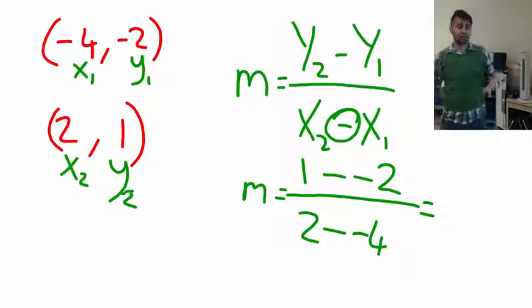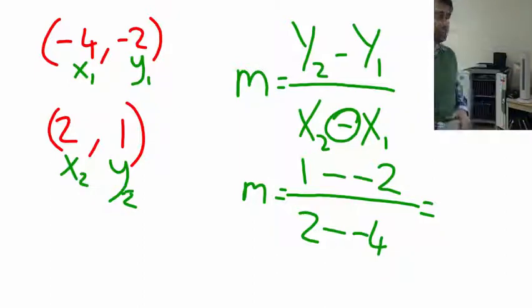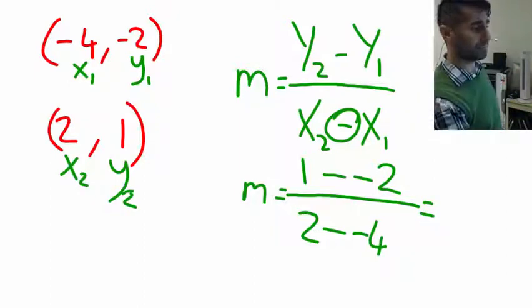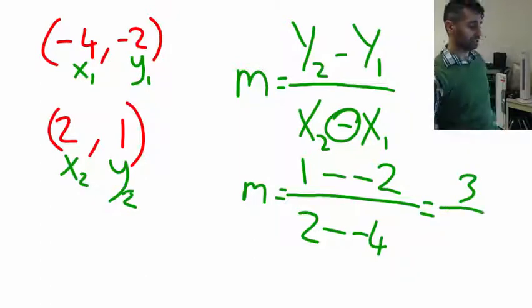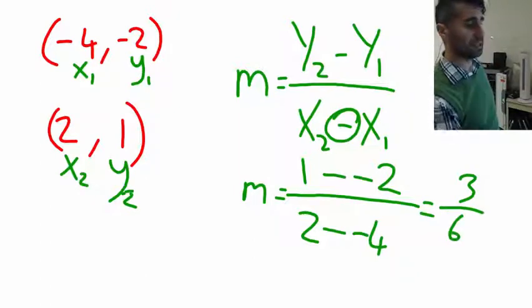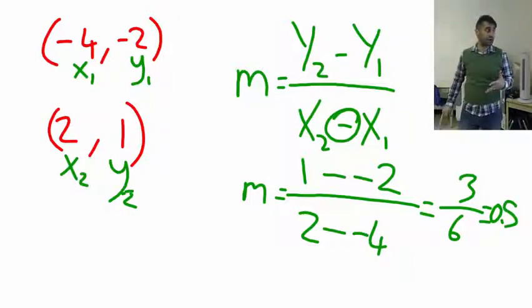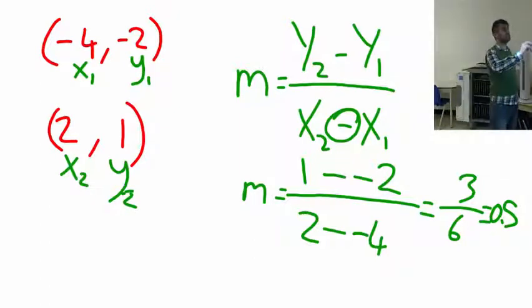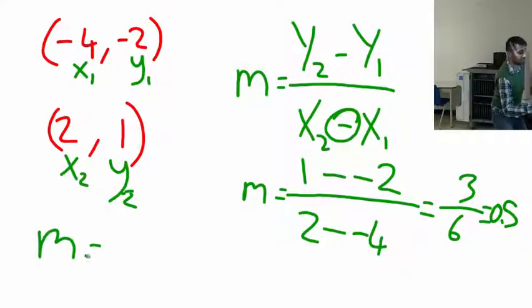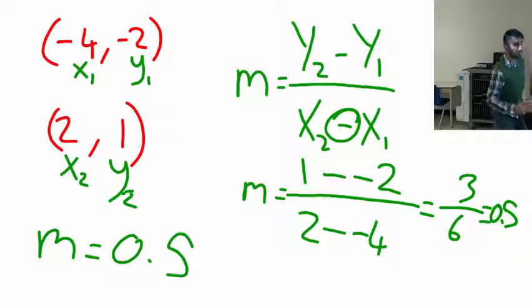So if you use your calculator or if you know how to deal with integers, you come up with 3 divided by 6, which is actually 0.5. Now we know the slope. The slope m is 0.5.